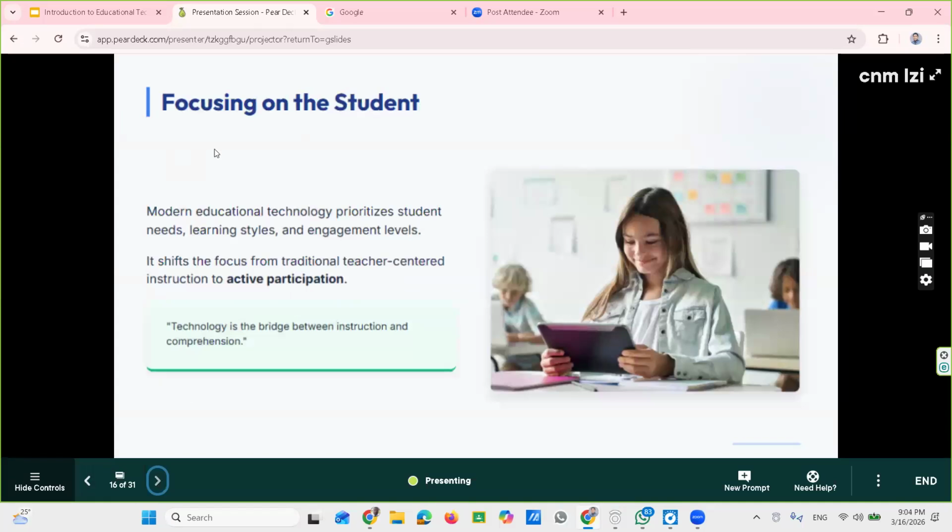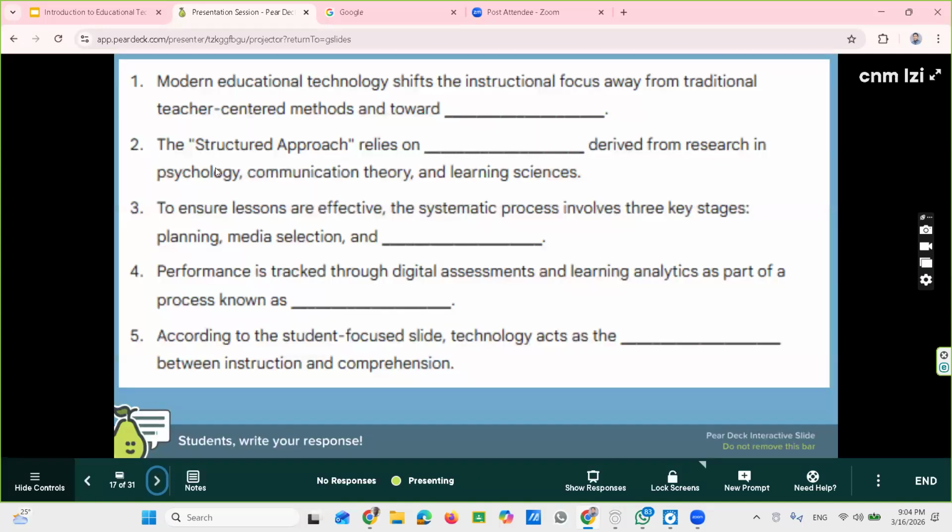Then the second point under nature is focusing on the students. Always we want to develop a student-centered environment, and when developing it, you can get the support of technology. Based on these two slides, try to find the answers for these 5 questions.